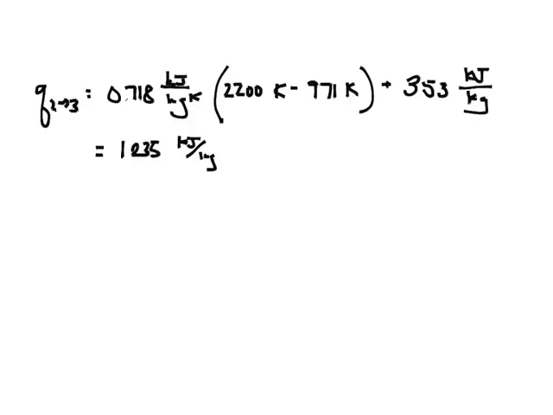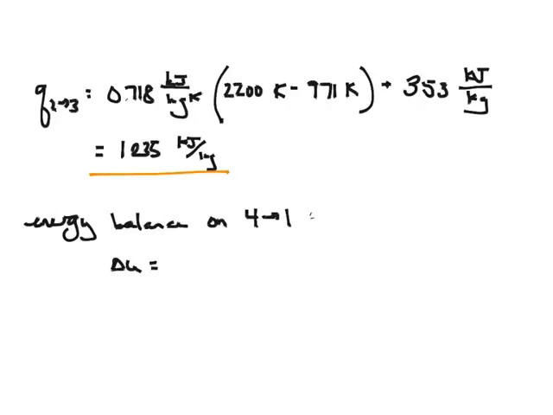Okay, so now let's do the same thing. This is our first value that we needed. So now let's do an energy balance on 4 to 1, which is our heat rejection step, to find our other Q. So let's write that energy balance.